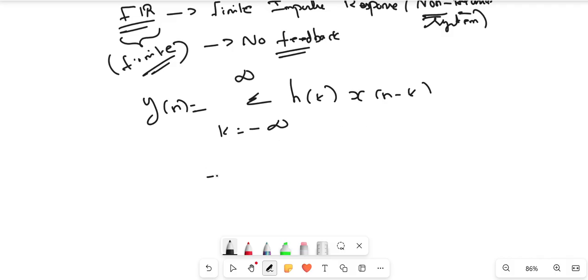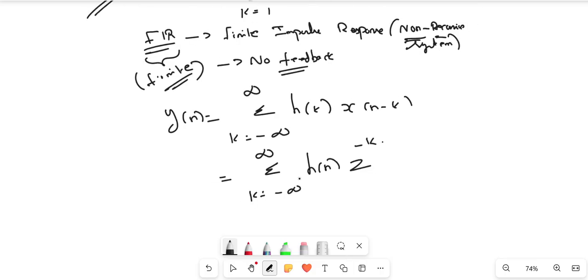If you take the z transform, you can write h of n into z power minus k, the summation of k from minus infinity to plus infinity, this infinite sequence.